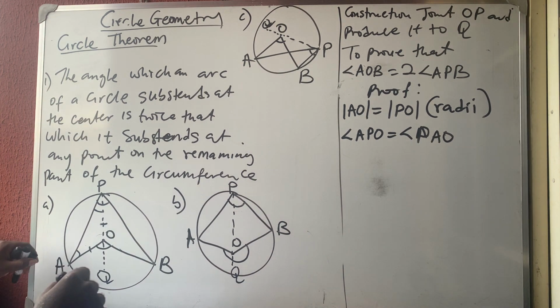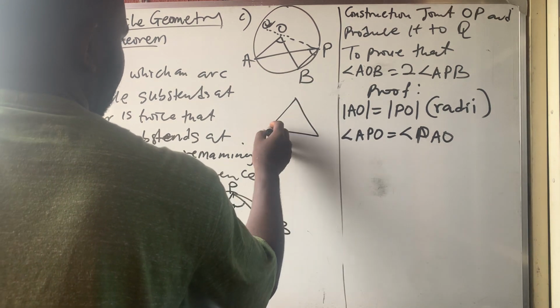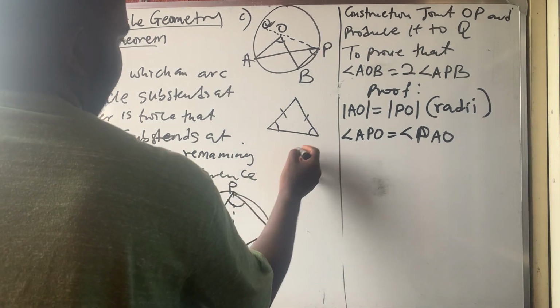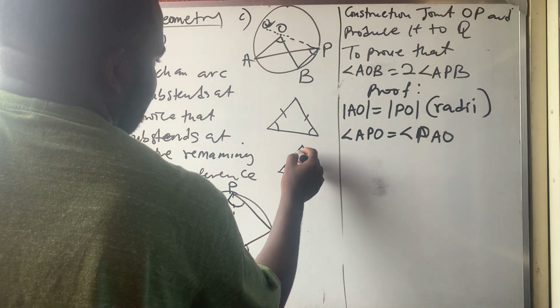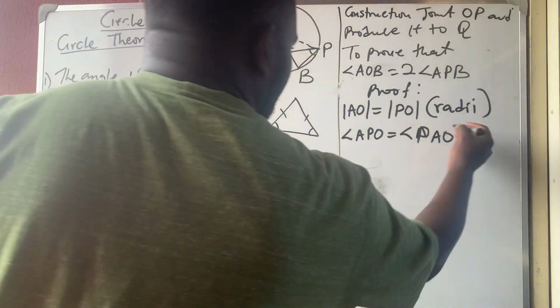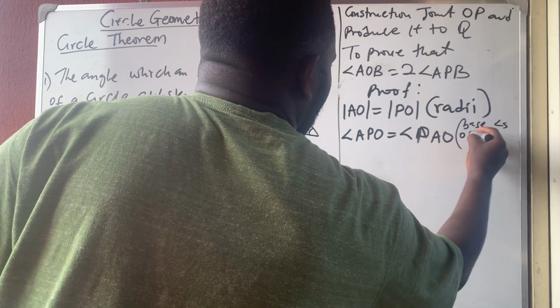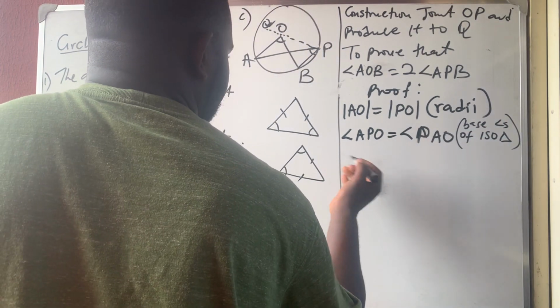Yes, because it is called base angle of an isosceles triangle. If here is equal to here, their base angles must be equal. So my reason is base angles of isosceles triangle.